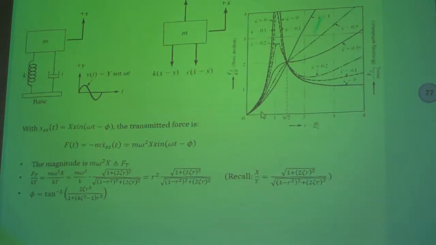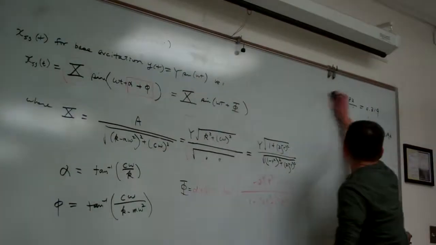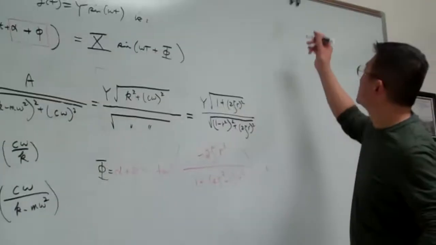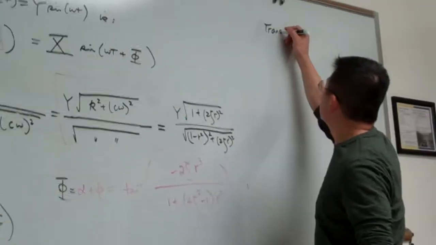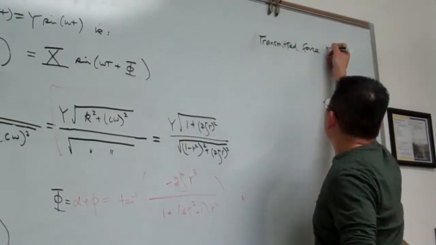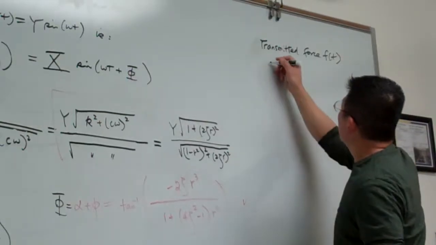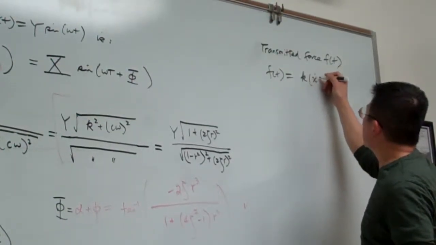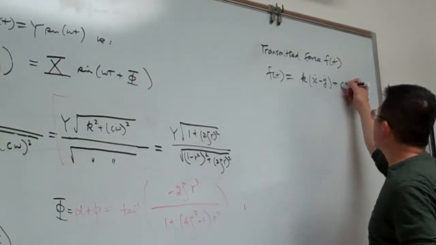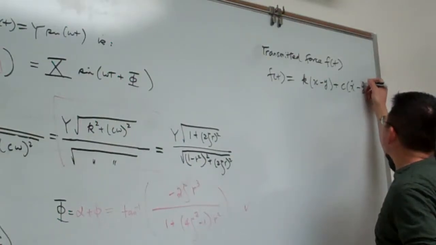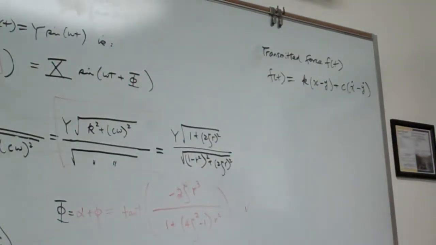So the force transmitted is simply equal to k times (x dot minus y dot) plus c times (x dot minus y dot).